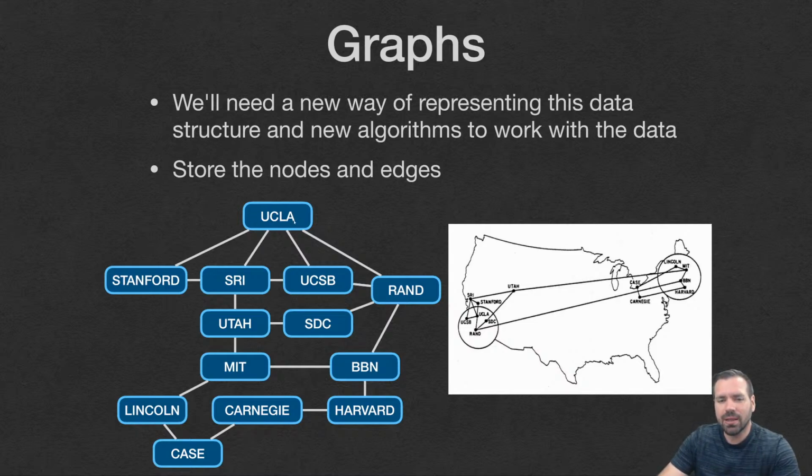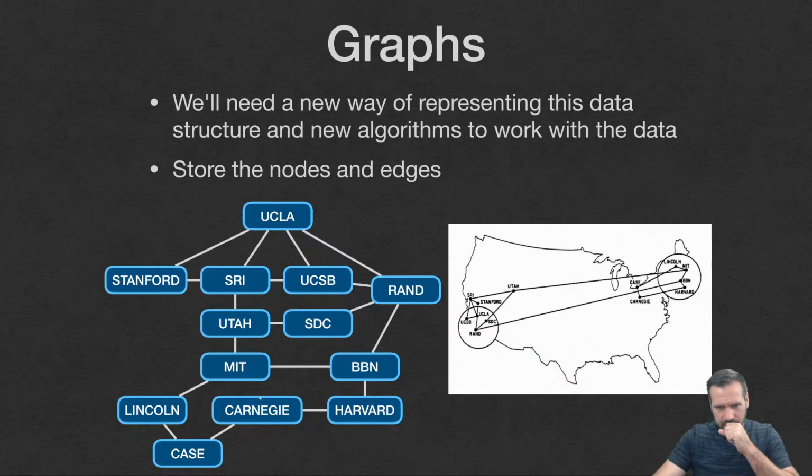But we're not going to do that in the code. Instead, we're going to have two separate data structures that are going to store the nodes. I'll explain in a sec when we see the code. We're going to store all the nodes and then store all of the edges as well.